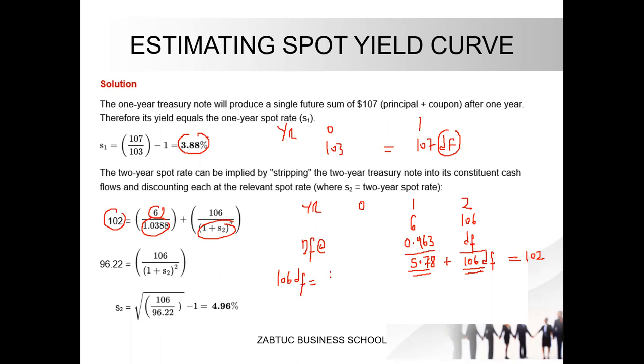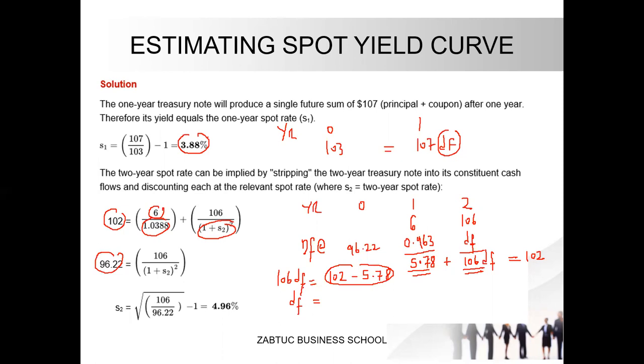So you got this equals 102 minus 5.78. What is the answer? 96.22. Good. That's what they have also here, 96.22.